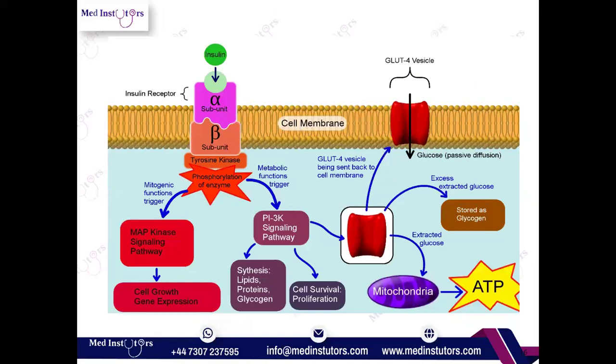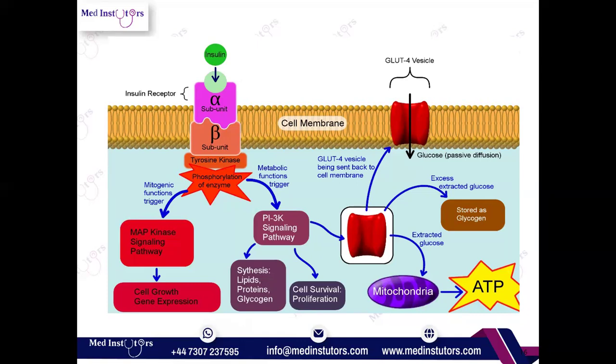See, here you can see that the green insulin globule comes and binds to the alpha subunit of the insulin receptor, and the beta subunit gets activated. The tyrosine kinase activation, always remember, results in the subsequent phosphorylation of certain enzymes. Always, activation of these kinases will subsequently phosphorylate certain enzymes.